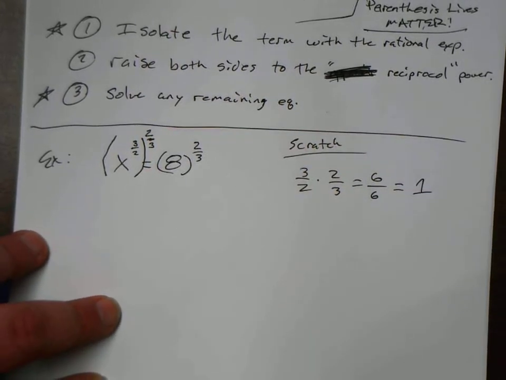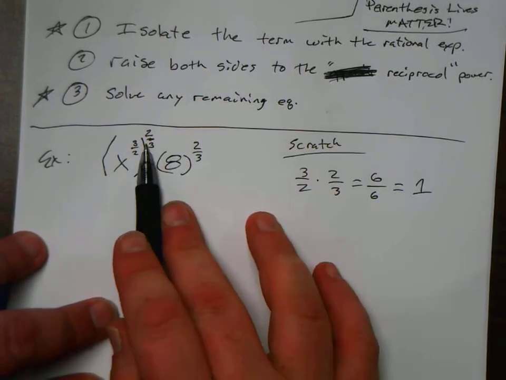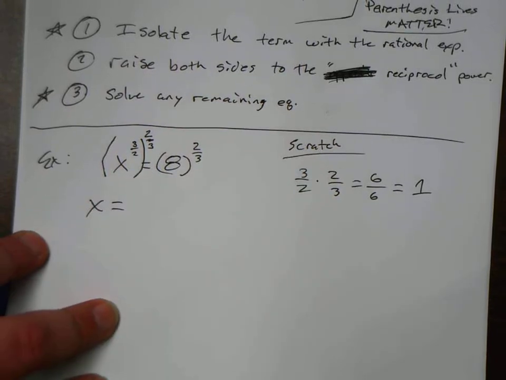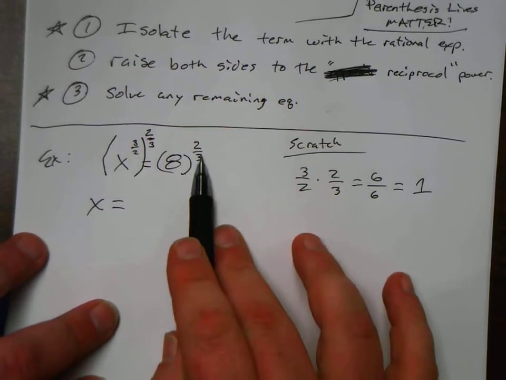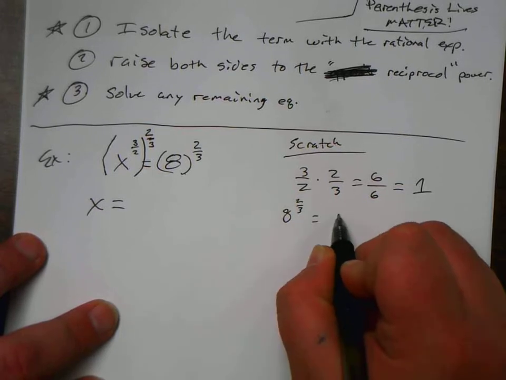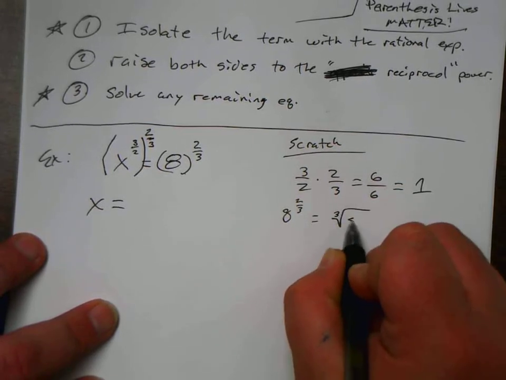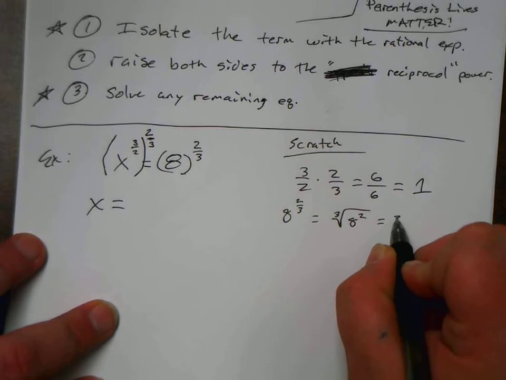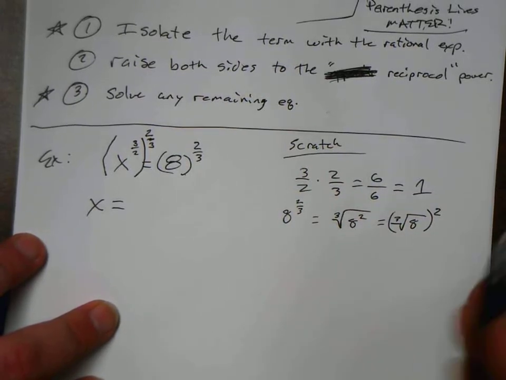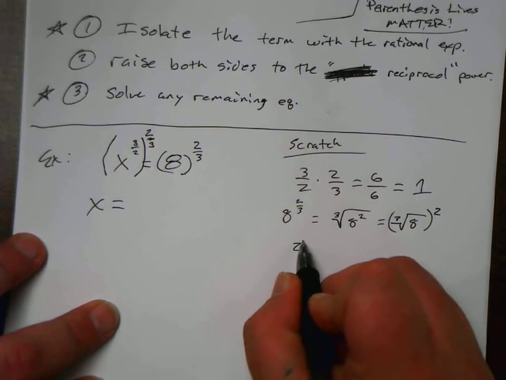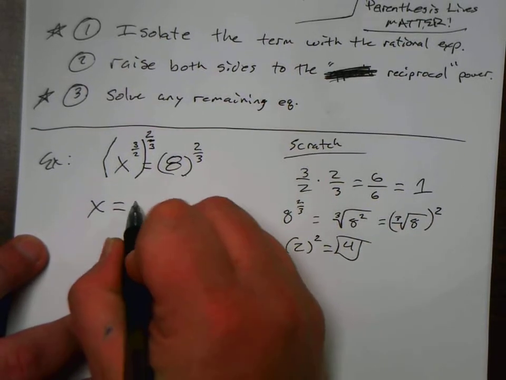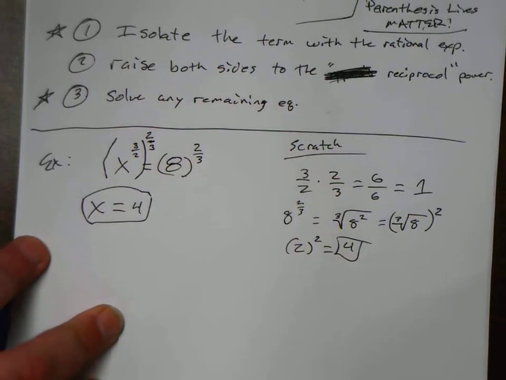And that's by design, because now I have x raised to the 1st power. In other words, I have x equals 8 raised to the 2/3 power. Well, what's 8 raised to the 2/3? It's the same thing as the cube root of 8 squared. The cube root of 8 is 2, so I have 2 squared, which is 4. So now here I'd have a 4.